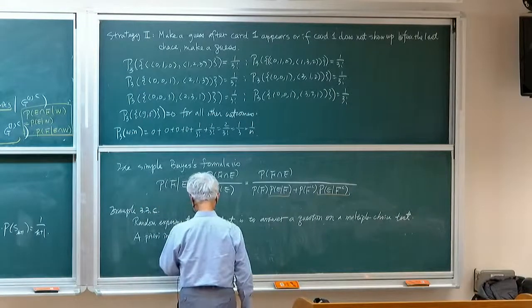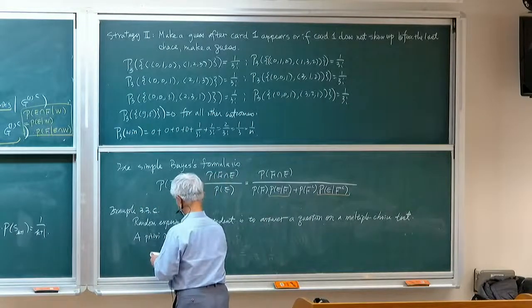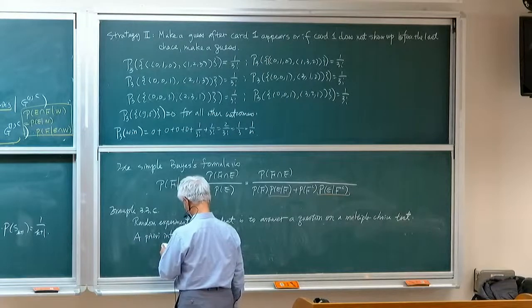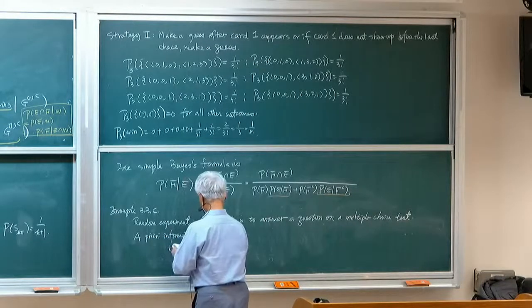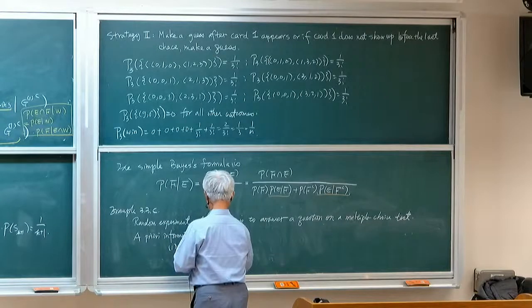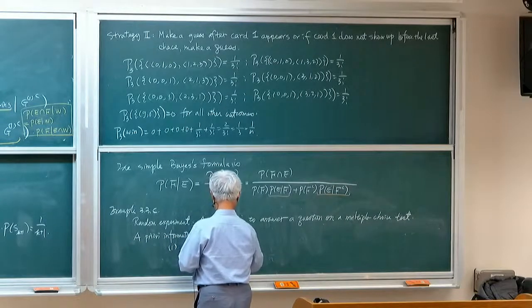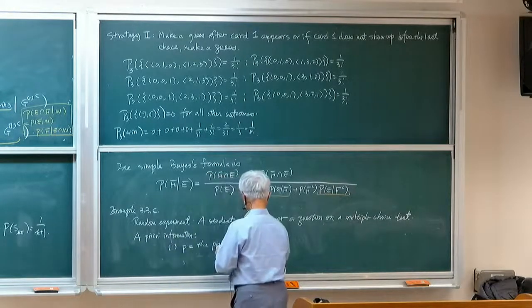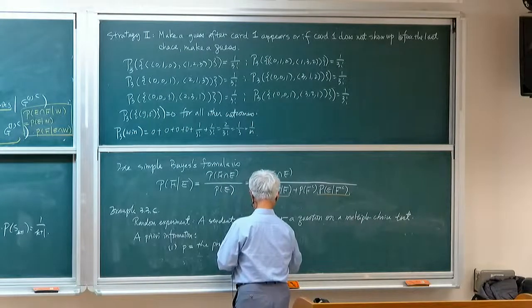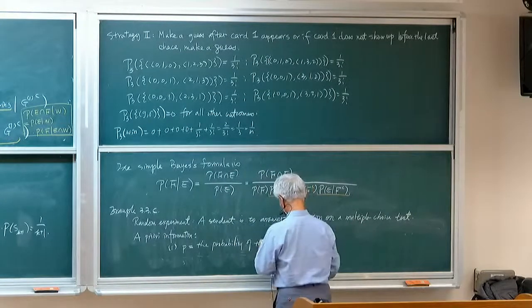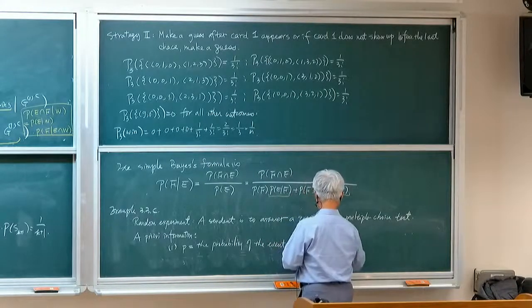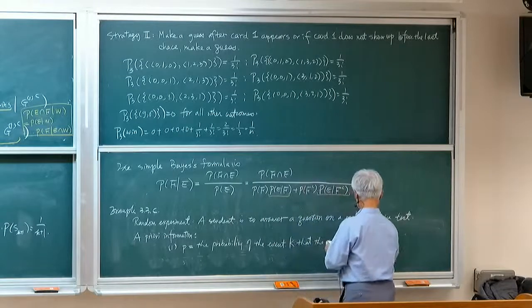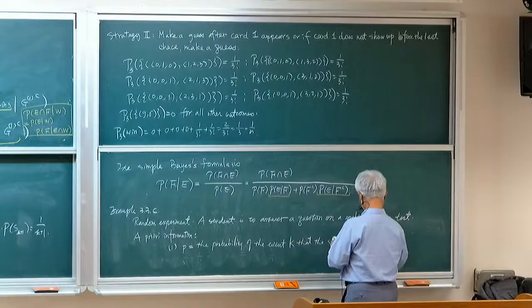One, little p is the probability of the event K that the student knows the answer.